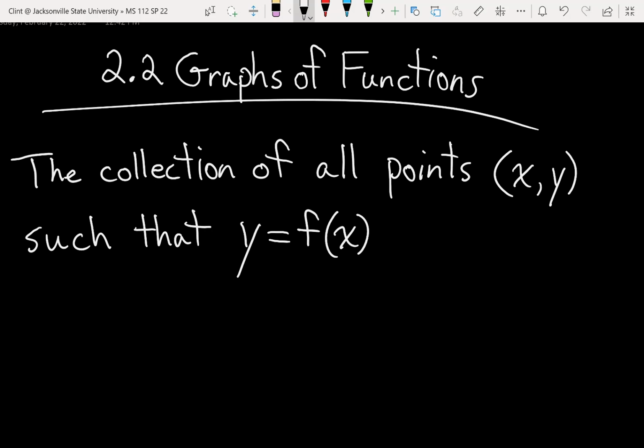We've got the collection of all points x comma y such that y equals f of x. That means we're taking the x's, putting those through our function, and calling the values we get out our y values, or our f of x values.